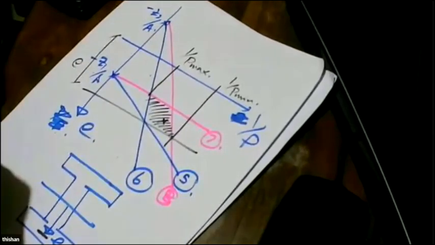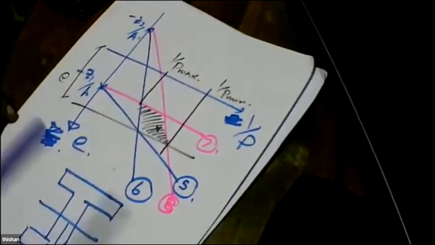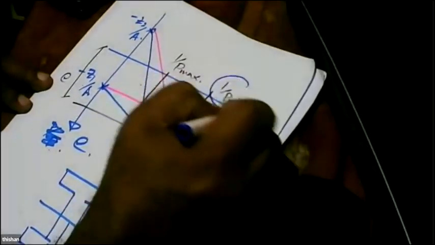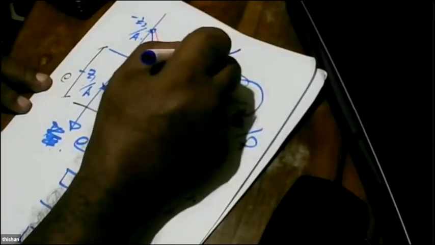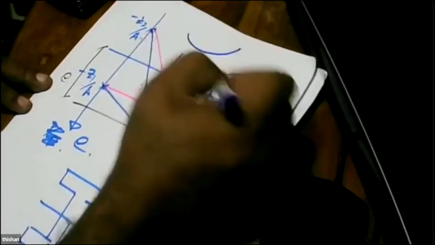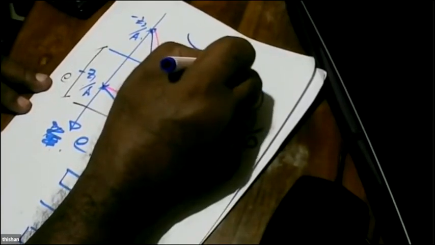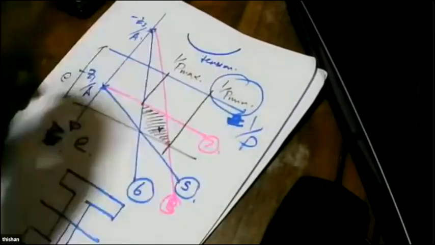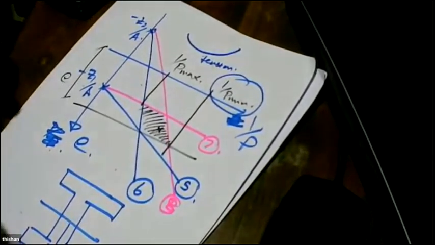Now which one do we like, minimum or maximum? We like this. Why? Because it's going to fail like this, and it fails in tension. When you use this maximum, how can it fail?